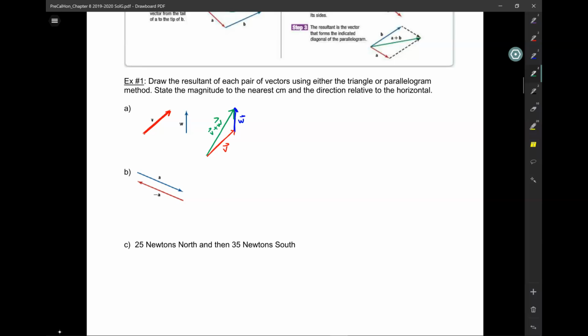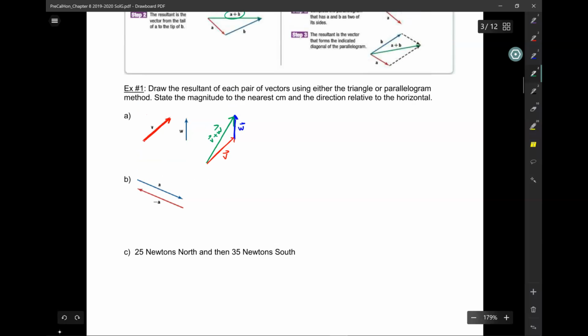Okay? All right. If you have enough space, you can leave one of the arrows where they are and add the second one to the printed arrow, if you have enough space.